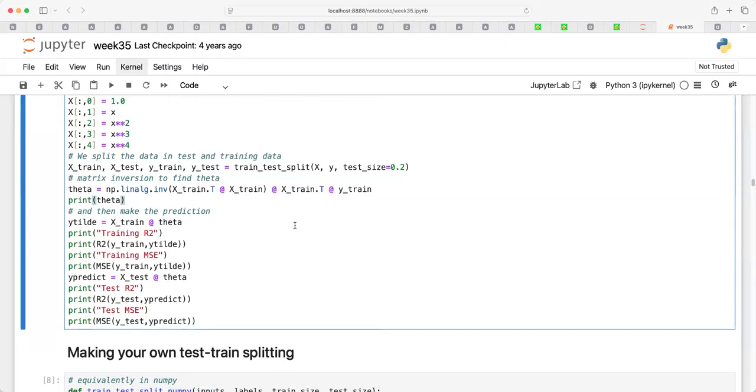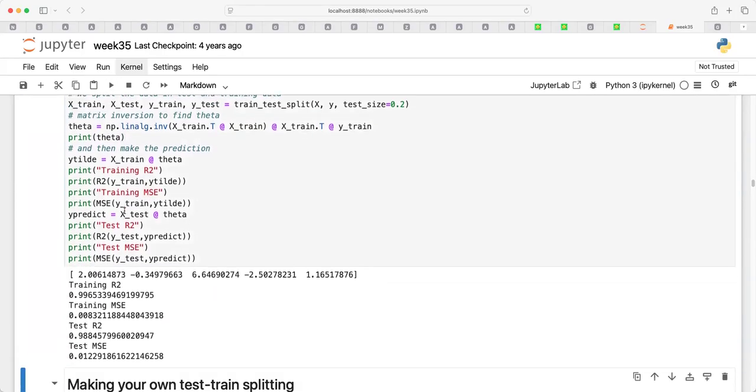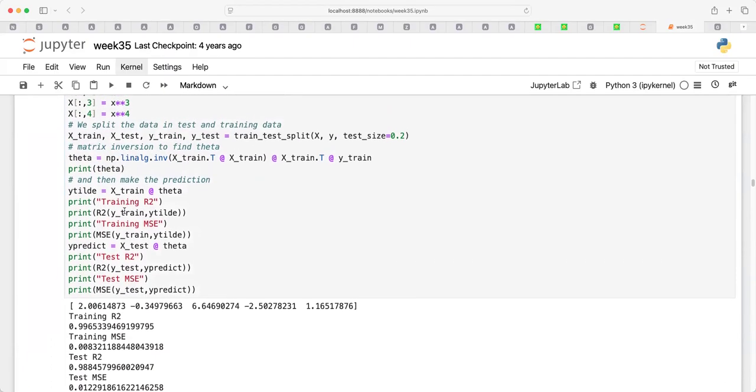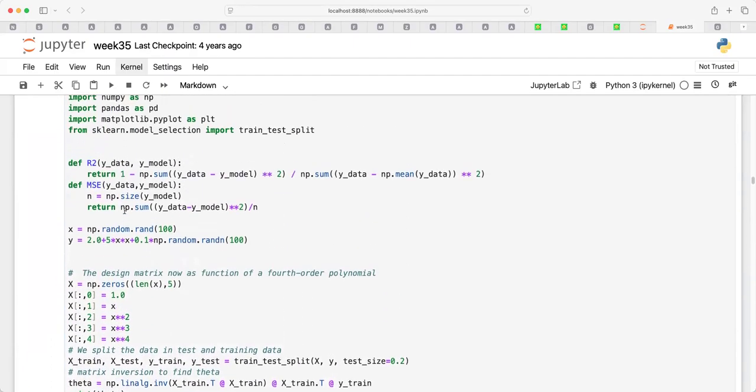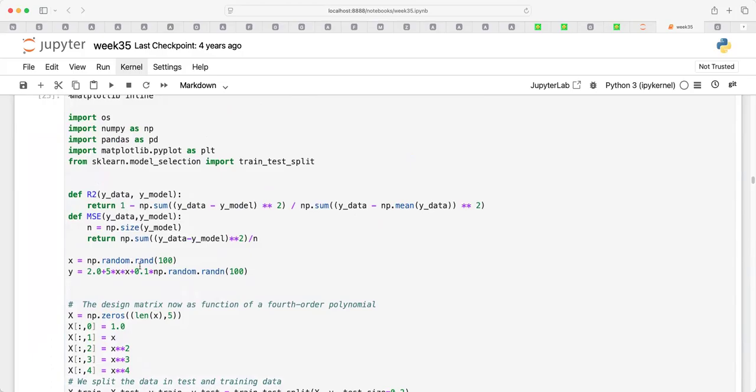So let's go back. I've also included the R2 score, which we haven't discussed yet, so let's leave it out. If I do this now, in this particular case I have some noise as well.